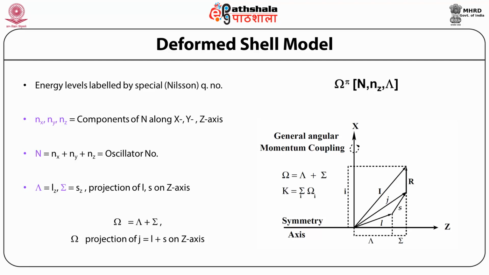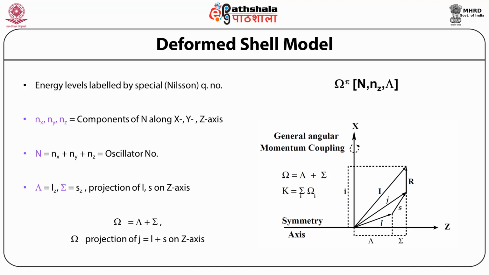Now here in this slide we can see the picture on the left hand side, where the geometrical meaning of all these quantum numbers is shown. In the picture, R is the angular momentum generated due to the rotation of the nucleus.